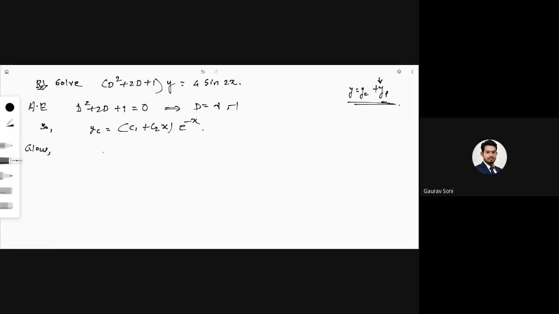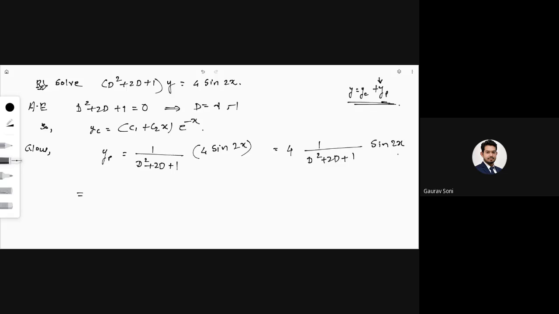Now what about yp? Yp is equal to 1 upon d square plus 2d plus 1, of 4 sine 2x. So 4 will come outside, and we have 1 upon d square plus 2d plus 1 sine 2x. Now sine 2x is there.